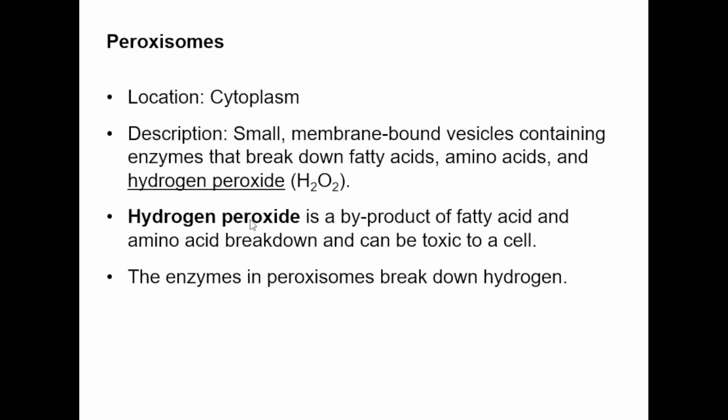So, hydrogen peroxide kasi is a byproduct of fatty acid and amino acid breakdown. And hydrogen peroxide can be toxic to a cell. Kaya dapat masira yung hydrogen peroxide. So the enzymes in the peroxisomes will break down the hydrogen peroxide. Okay?